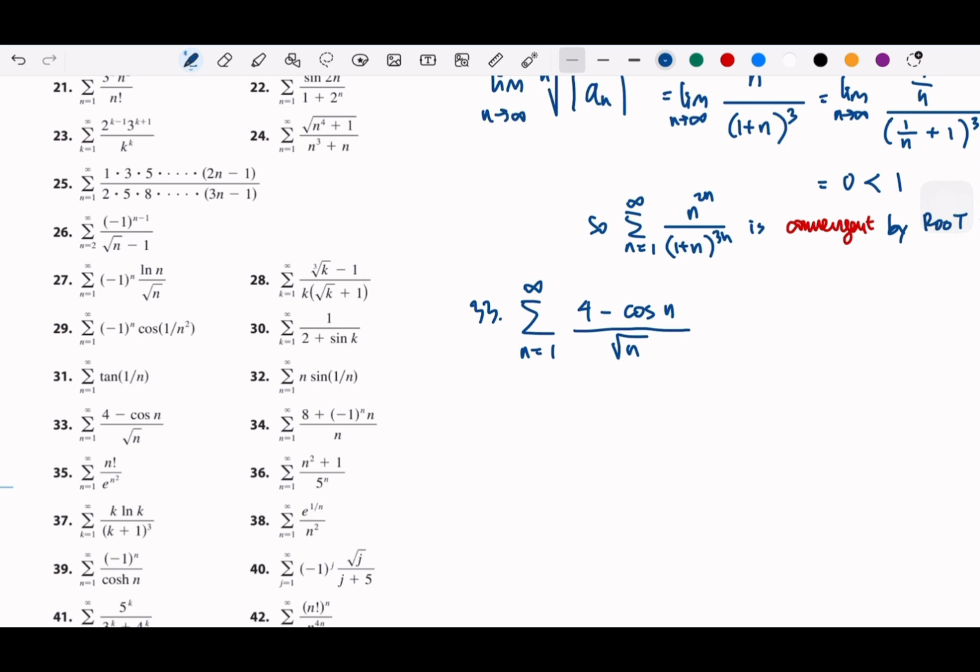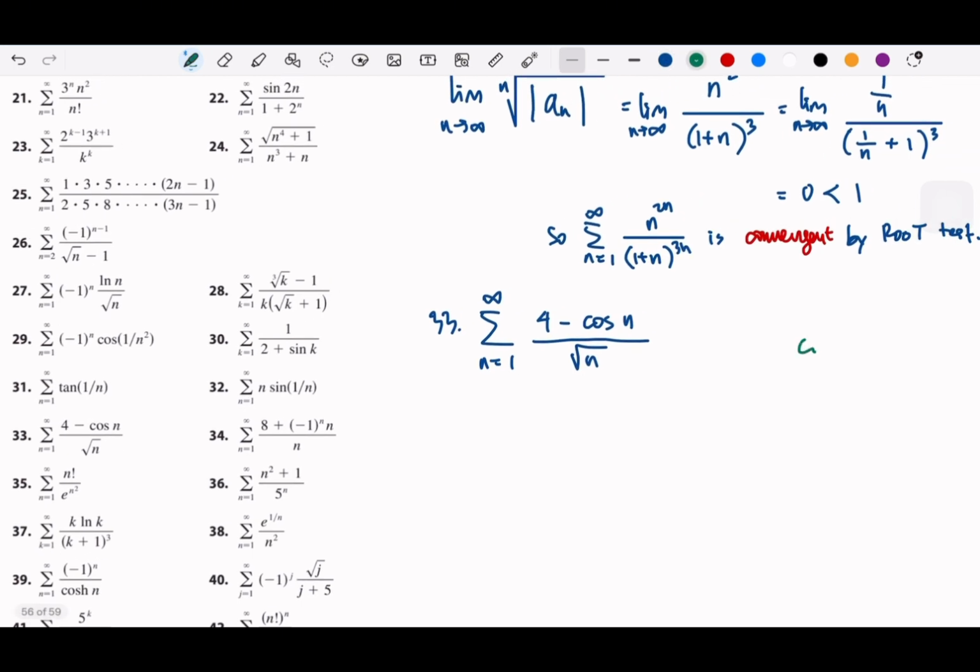Which means that if we can perhaps make this at most something, let me write the argument, because the cosine is from -1 to 1.